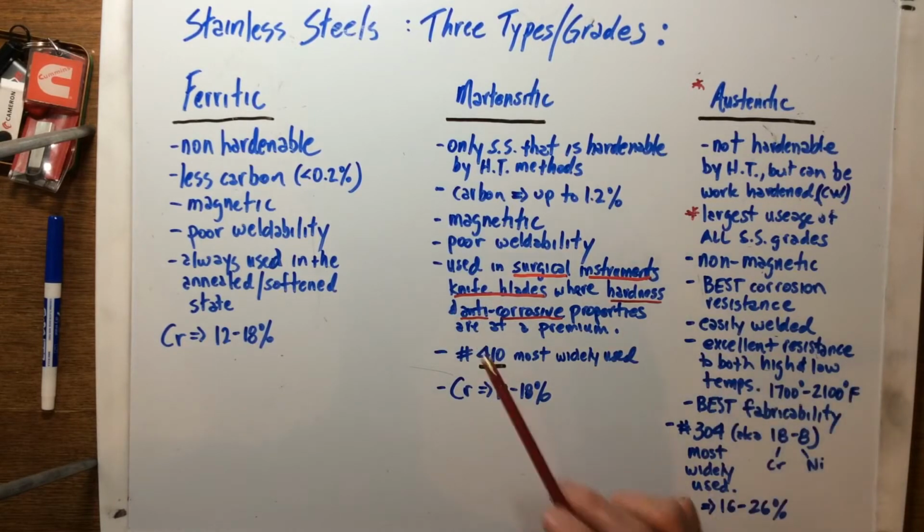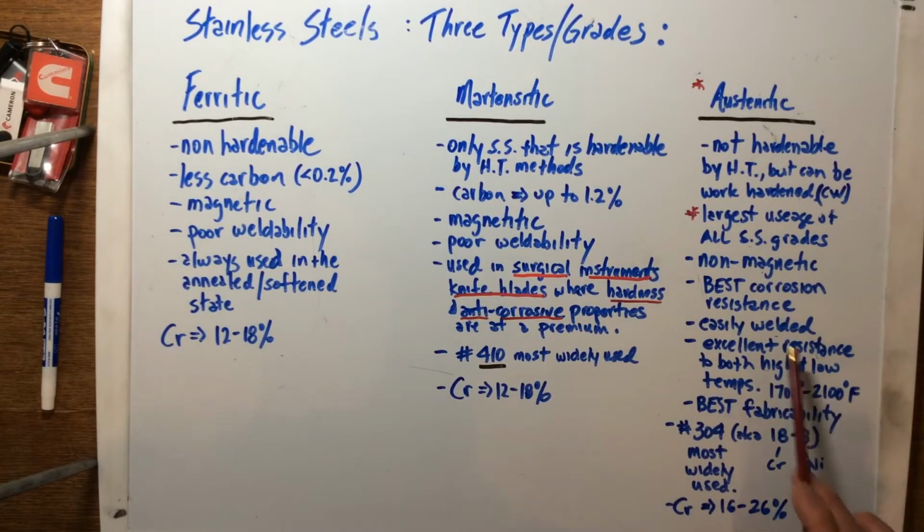Not necessarily just for their anti-corrosive properties, but its elevated temperature applications. And without a doubt, from a fabrication standpoint, it has the best fabrication capability of all the other stainless steels. Okay, so that's why it's used so much.